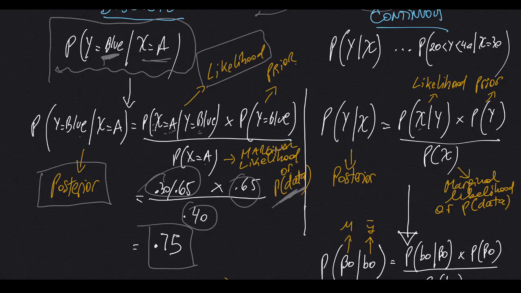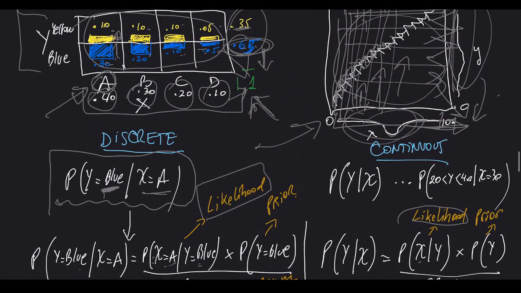The probability of x given y is the probability of observing the observed value of x given any value of y, and that's called the likelihood. That is multiplied by the prior, which is the probability of observing any value of y.